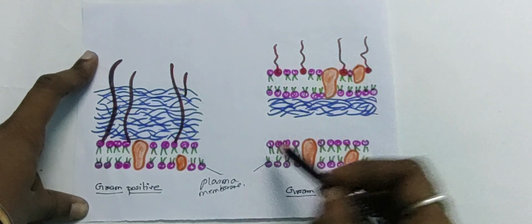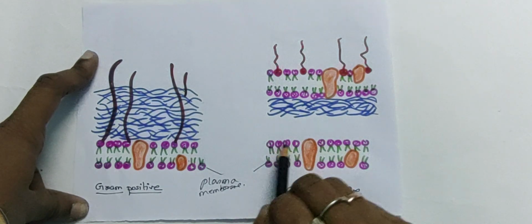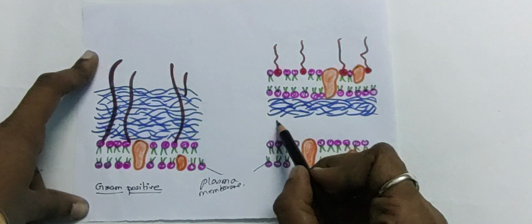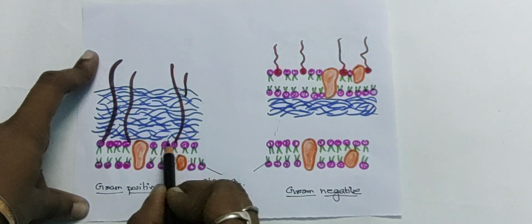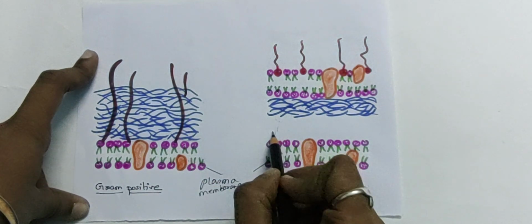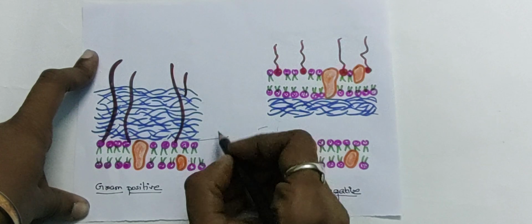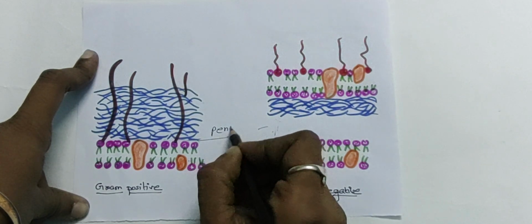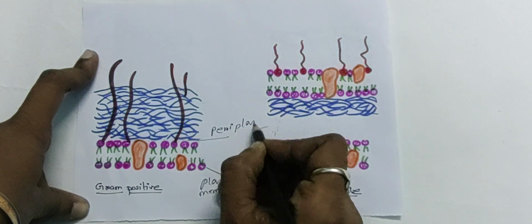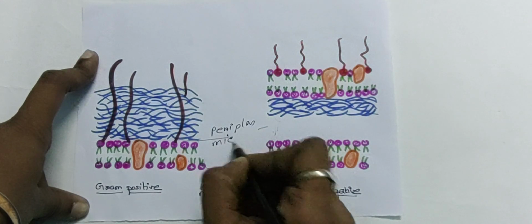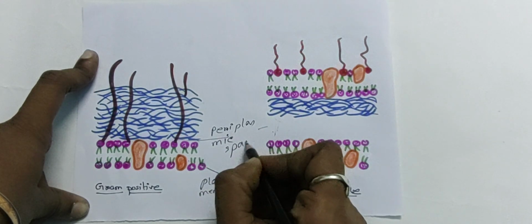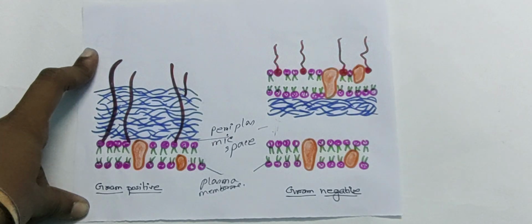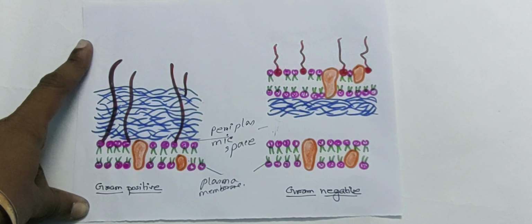Above the plasma membrane there is a space. Here the space is very little. This space is called the periplasmic space.